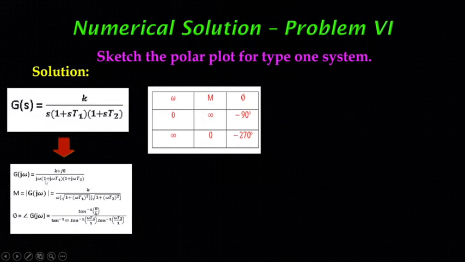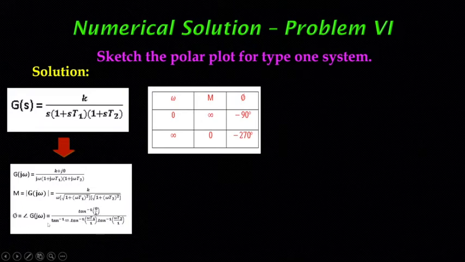when omega equal to 0, then magnitude is infinity. And then when omega equal to infinity, then this magnitude is 0. Similarly, when omega equal to 0, then find phase angle.